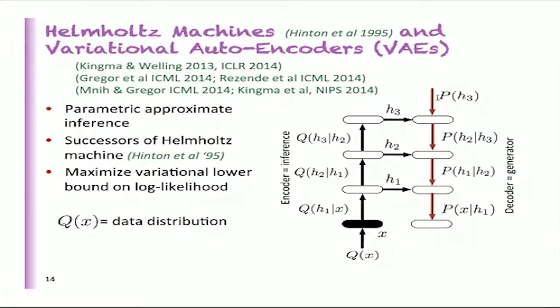So if we actually want to generate images, we would sample from the distribution in the high-level space, and then we would go down in this generative neural net each time, potentially adding some random details. That's what each of these conditional distributions really means. And eventually we generate the pixels.